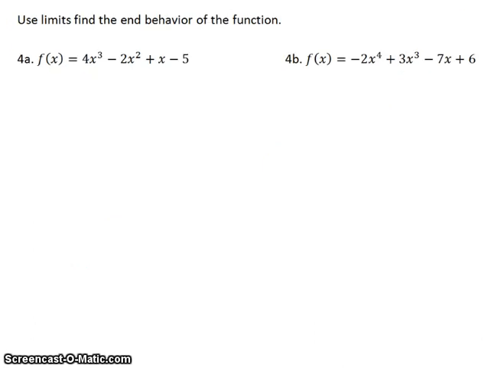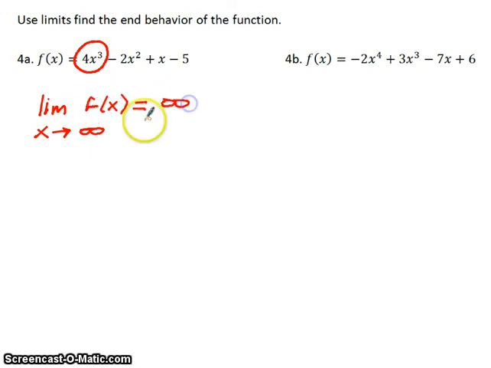Okay, next one. So this one here, most of you guys were actually pretty decent on this one. Use the limits to find the end behavior of the function. Remember that we find end behavior by looking at the leading term. And because my leading coefficient is positive, I know that as x increases to positive infinity, my y value will increase to positive infinity.